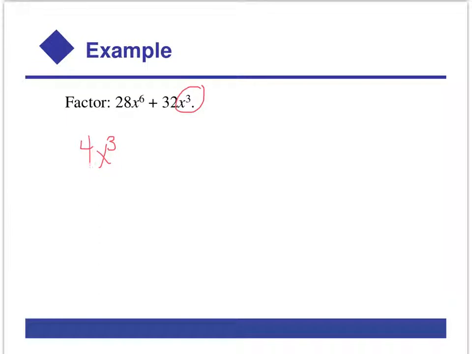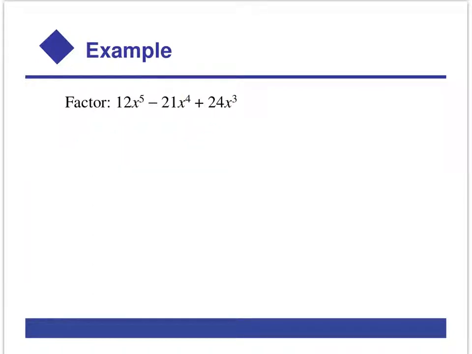I'm going to say 4. So 28x to the 6th divided by 4x cubed is going to give us 7x cubed. And then 32x cubed divided by 4x cubed is going to give us 8. And so if you multiply those back together, they'll come back to their original binomial.